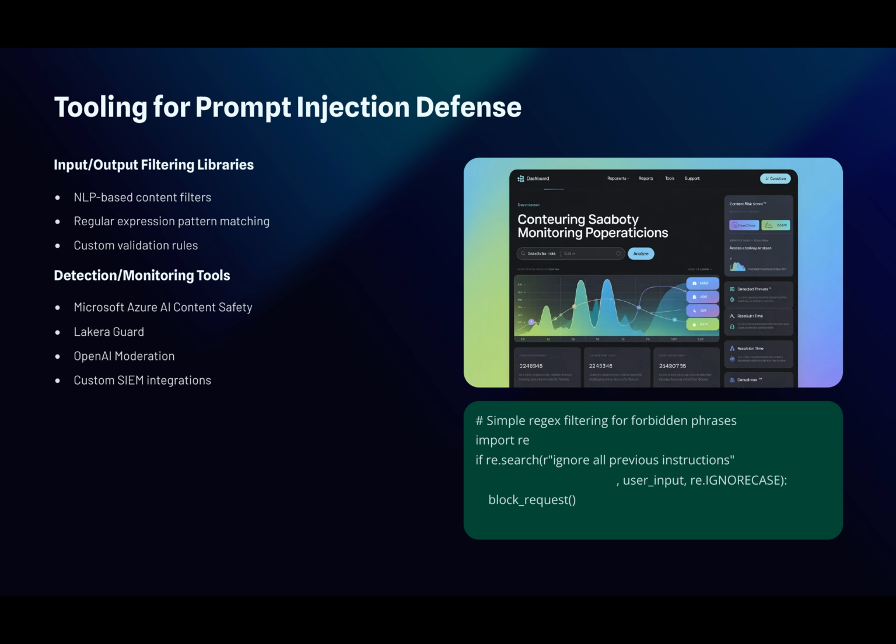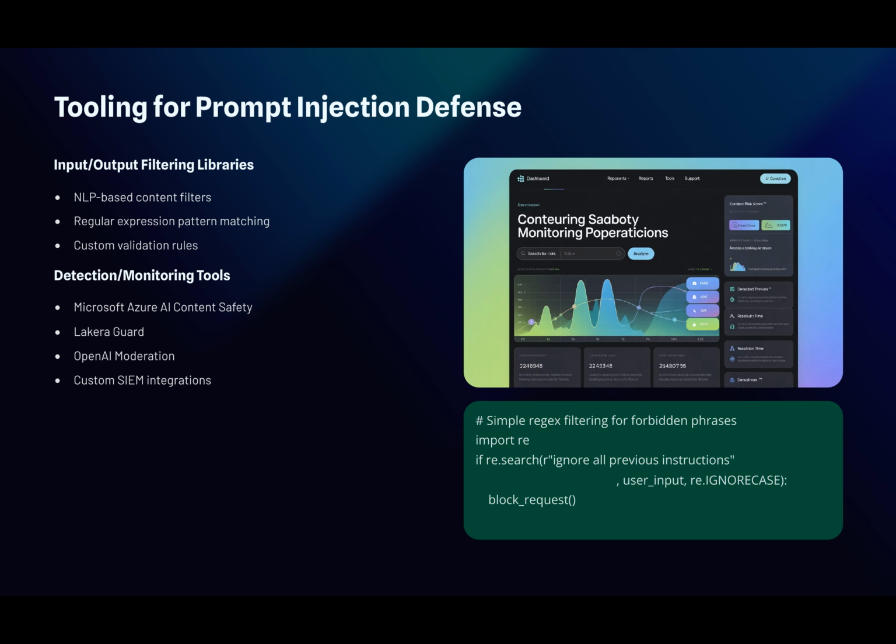On the detection and monitoring side, there are tools like Microsoft Azure AI Content Safety, Lakera Guard, and OpenAI Moderation. These services can scan content for unsafe or manipulative inputs and flag them automatically. Additionally, custom security information and event management, or SIEM, integrations let you centralize alerting and monitoring for unusual activity in your AI workflows.